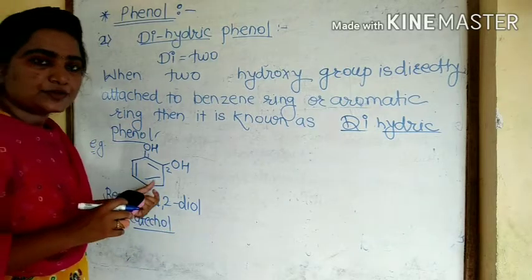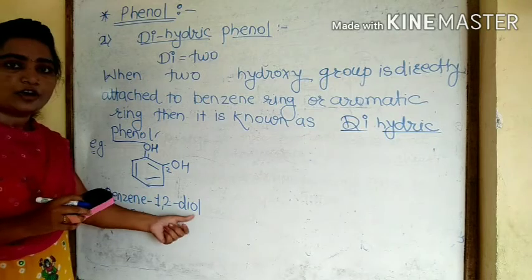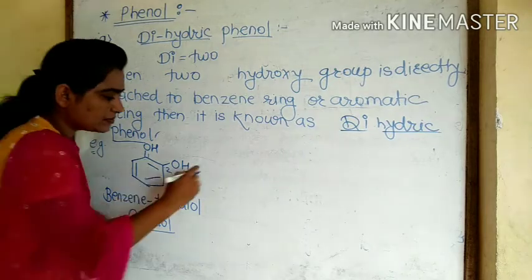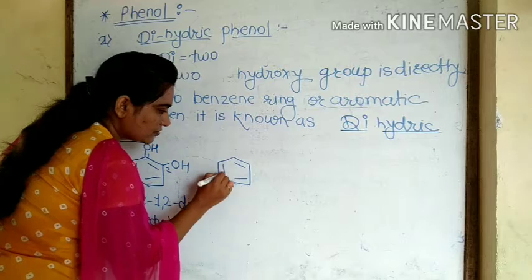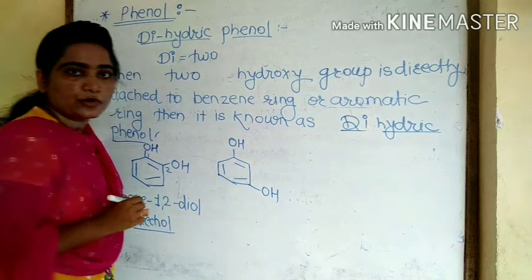Second example, it is benzene-1,3-diol. Di means 2, ol means hydroxy group. So the second example is the presence of a benzene ring, here OH and here also presence of OH.